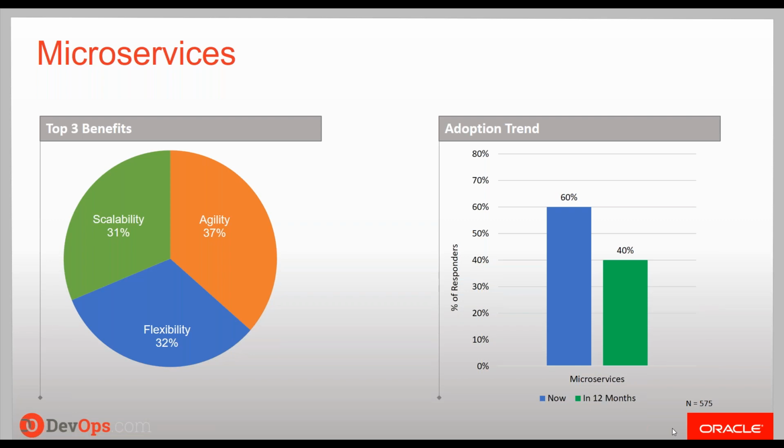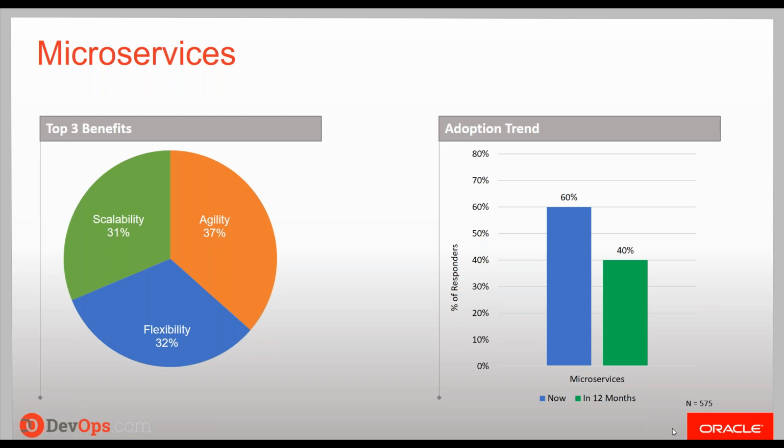Ashish, I've heard from other IT execs that microservices holds the promise to change our IT infrastructure like nothing, maybe since the cloud or maybe client server before that. What do you think? I think it definitely has tremendous benefits for customers.